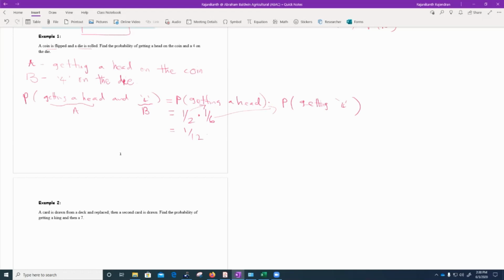If you want, you could do this problem in a separate way. Suppose you want to find the total number of outcomes in your sample space for these two events. Let me denote my x-axis as the set of outcomes coming from tossing a coin, and my y-axis as rolling a die.